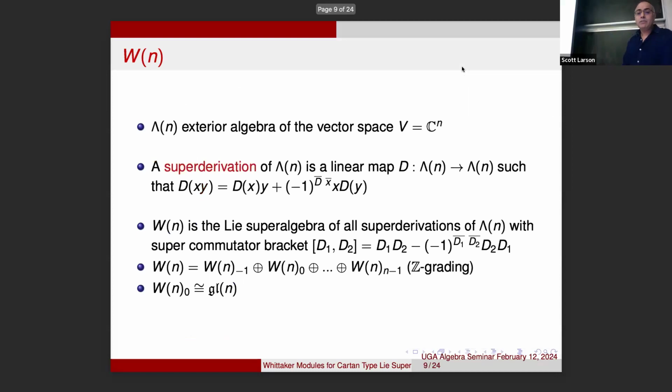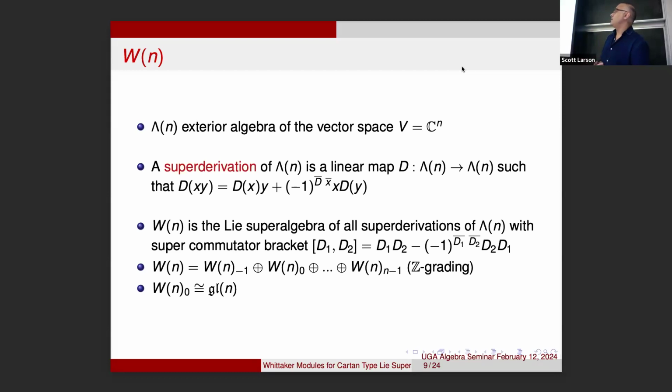Okay, what's Wn? If you take an n-dimensional vector space, you can look at its exterior algebra. This is a superalgebra because it's Z2 graded. You have even wedges and odd wedges. The vector space of all even wedges forms the even part, and odd wedges form the odd part. Then you can look at super derivations, which are Z2 graded derivations of this exterior algebra.